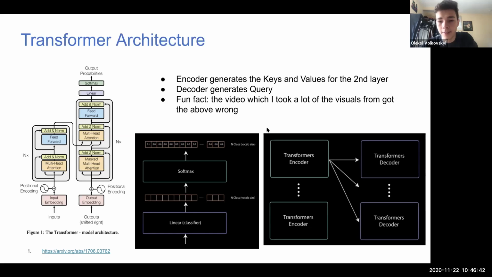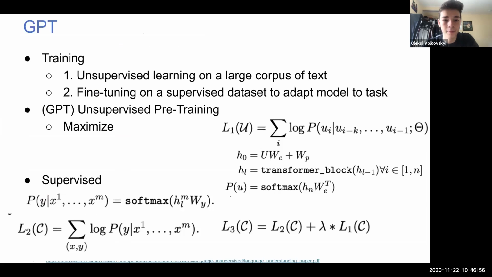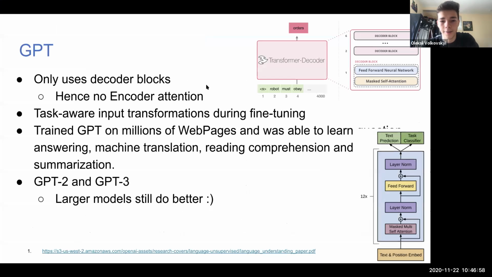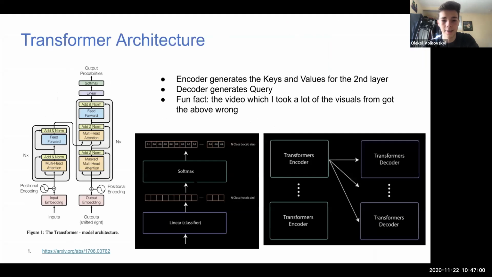Pretty much the encoder encodes some context and feeds it into every decoder block while it's computing the output. And so that's pretty much the transformer. Do you guys have any questions?